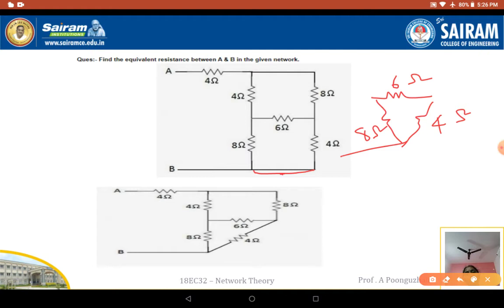Now this is going to be a delta network, with 4 ohms here and 8 ohms here. If I convert this delta network to star, it is going to be a star network like this.